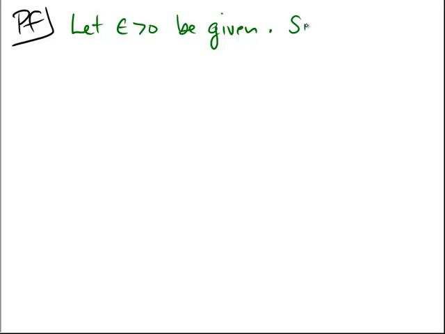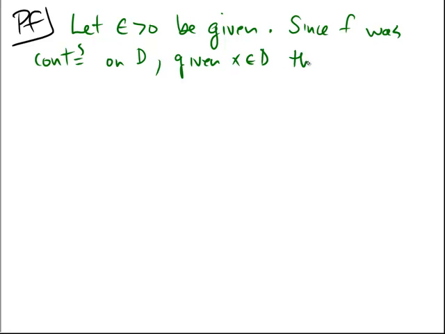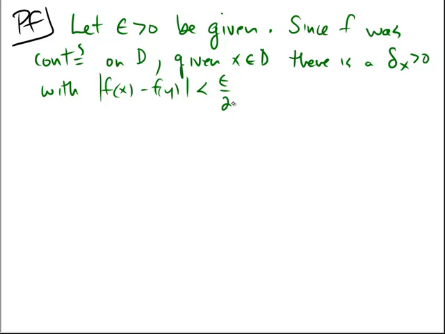Now, since f was continuous on the set D, then given any x in D, there is a delta sub x greater than 0 with f of x minus f of y being able to be controlled to be less than any positive number. So we'll make these be less than epsilon over 2. Wink, wink, right? Remember, we needed that to happen eventually.